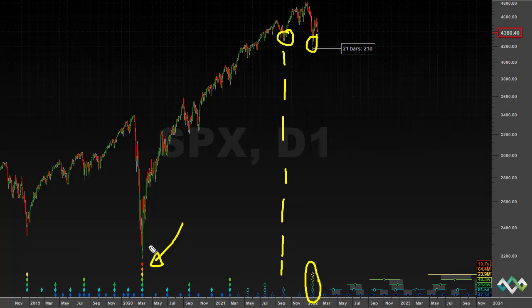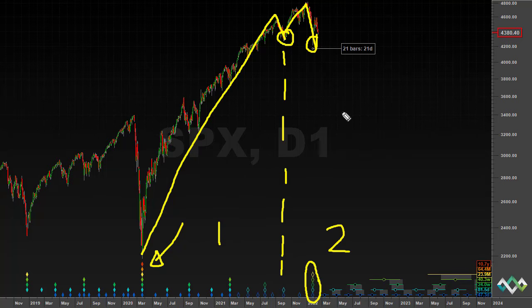Here is the big problem, is that we would expect a very bullish 18-month cycle. That would be the first one, and that would be cycle number 1. And then cycle number 2 should be less bullish, but it shouldn't really be turning bearish quite so soon in the cycle.